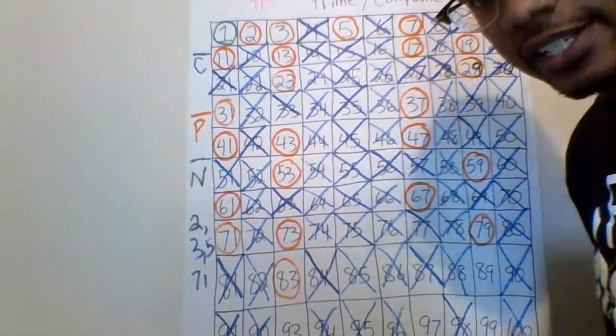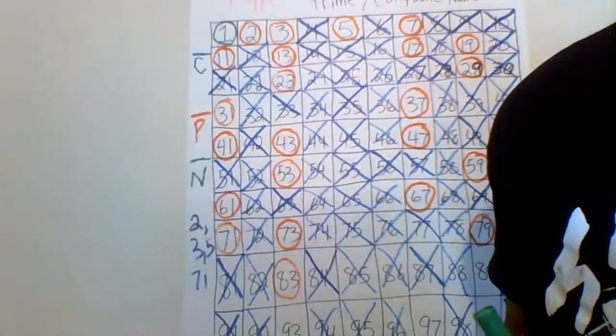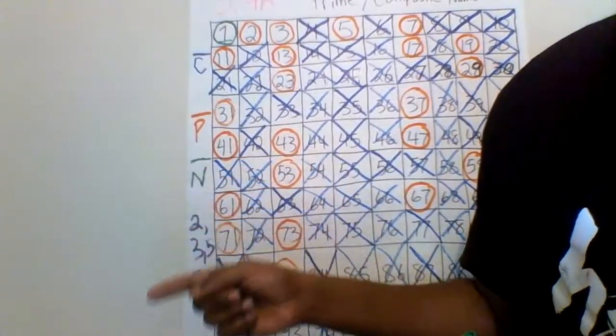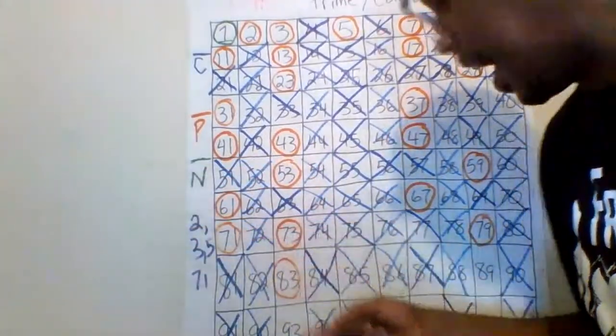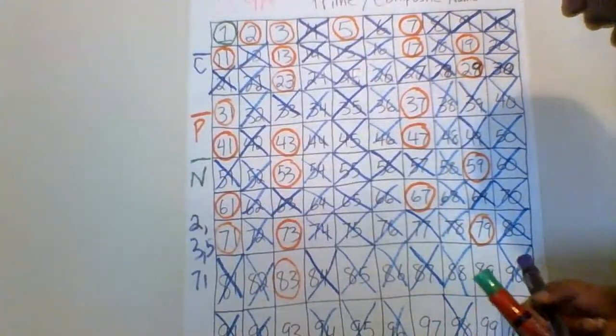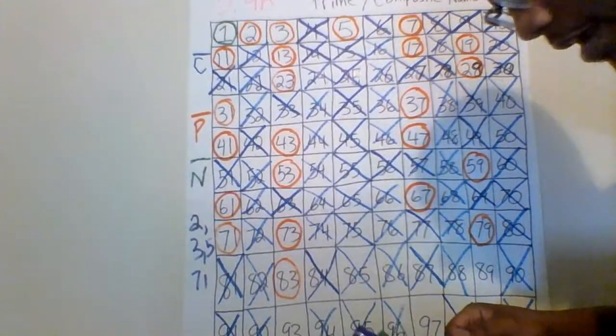So it's composite. 89. 8 plus 9 is 17. 3, 6, 9, 12, 15, 18, right? So 89 is prime.